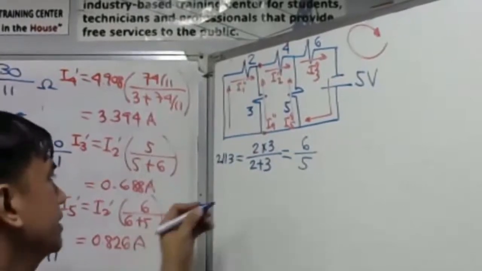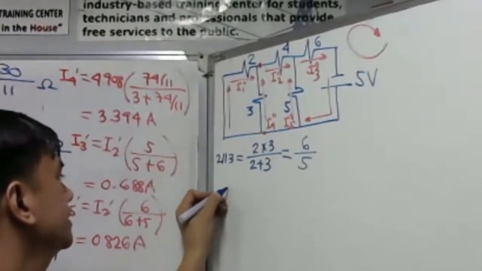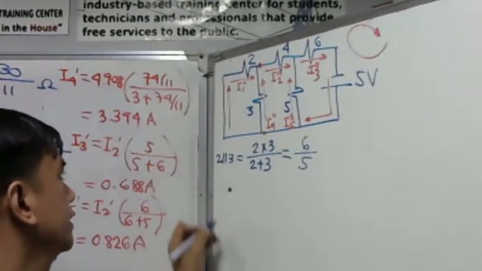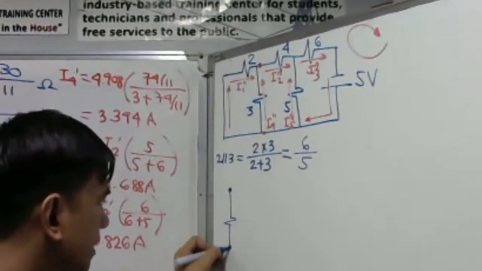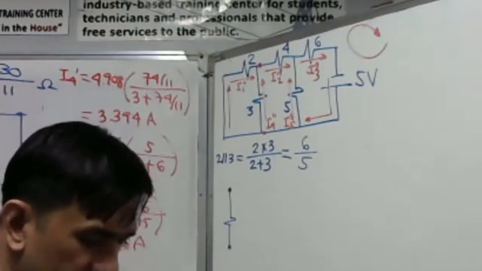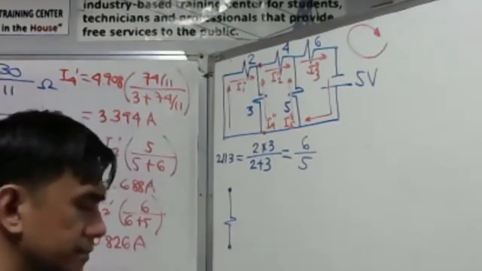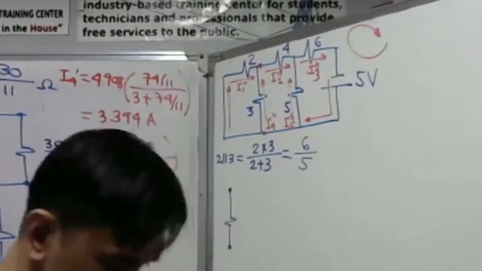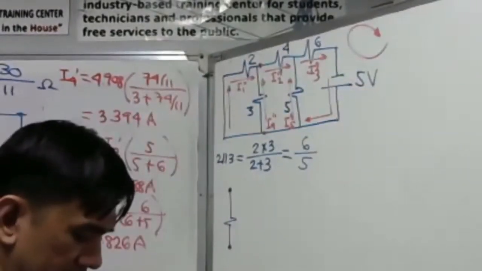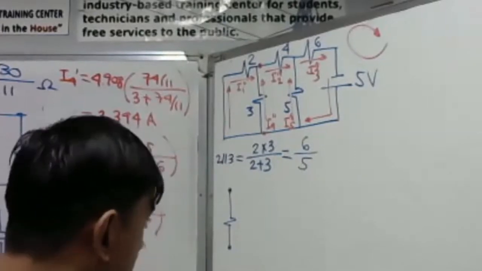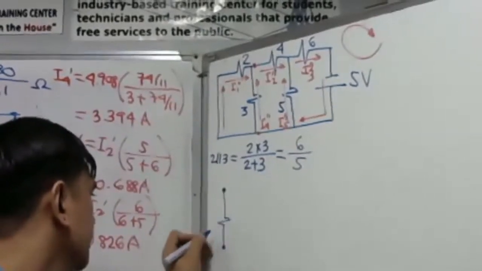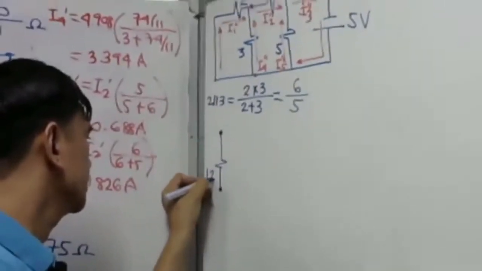Let's say these are the 2 points here and here. There is an equivalent resistance here of 6 over 5. Six divided by 5 is actually 1.2 ohms.